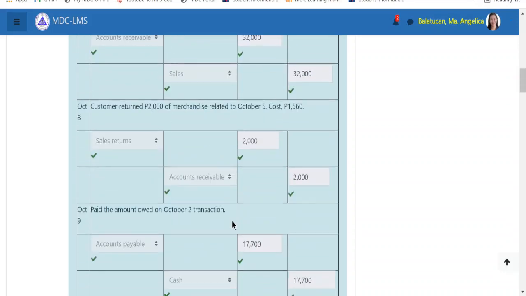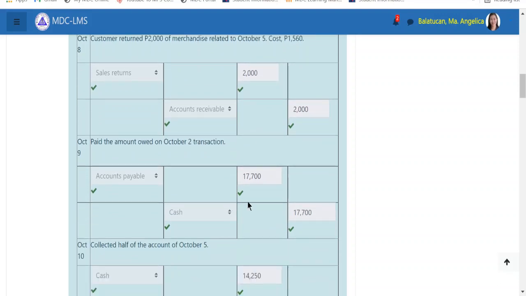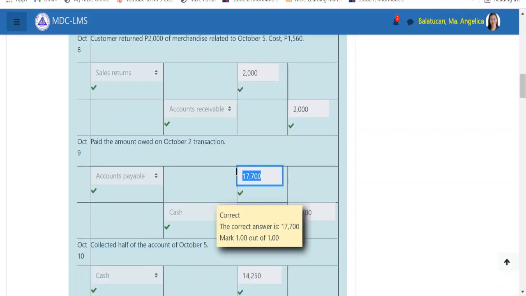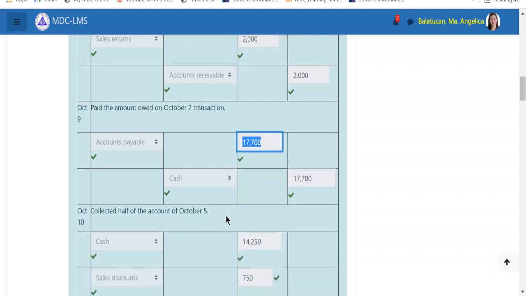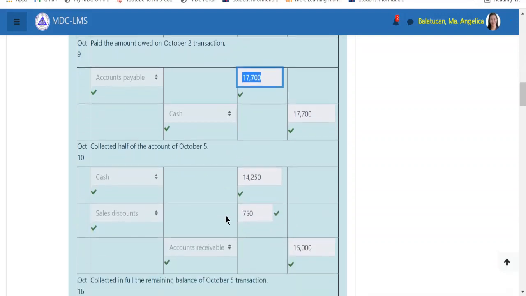So 20,000 minus 2,300, that would be 17,700. So debit accounts payable because we're going to pay our account, and credit cash because we're going to release money. So that would be 17,700.